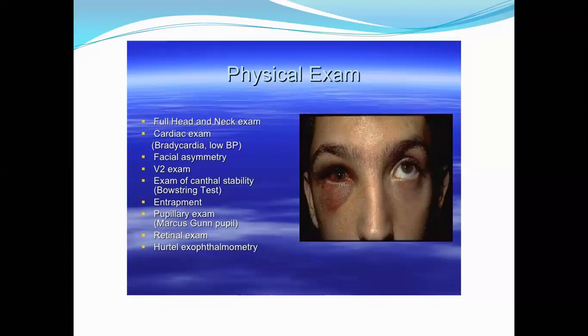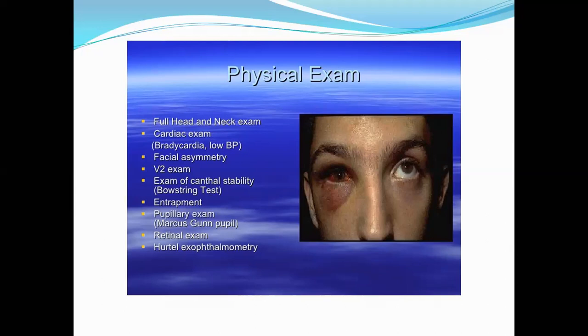Then there is retinal examination. You can initially check for any retinal detachment, and that patient should be referred to an ophthalmologist or oculoplastic surgeon.